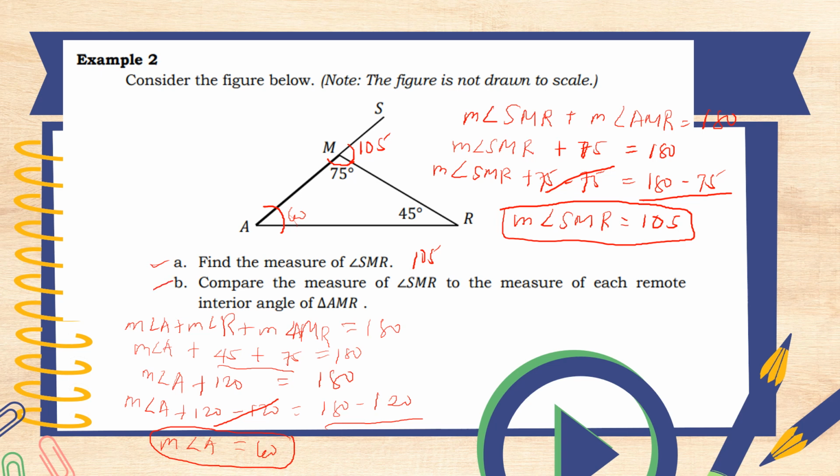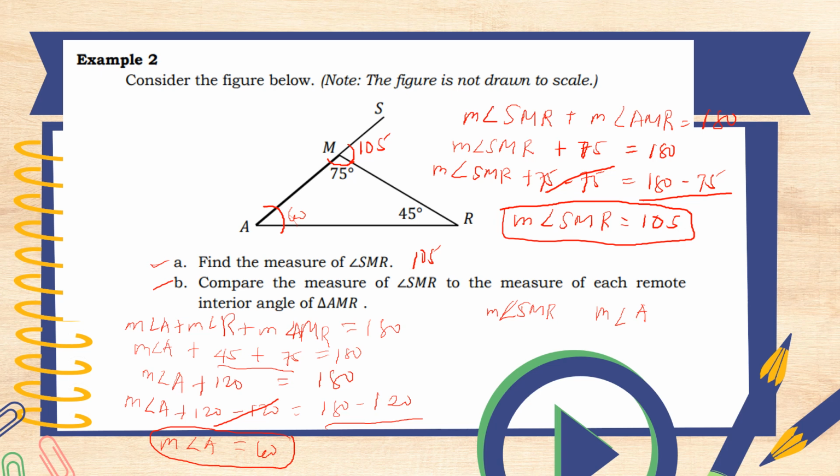Now that all interior angles have measurements, we can now compare, in letter B, the measure of angle SMR to the measure of each remote angle. Now, the measure of angle SMR is equal to 105, while the measure of angle A is 60.